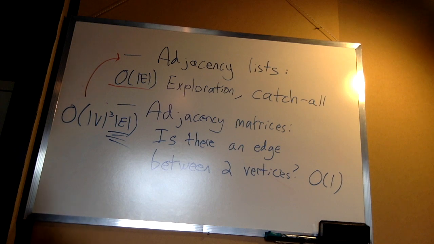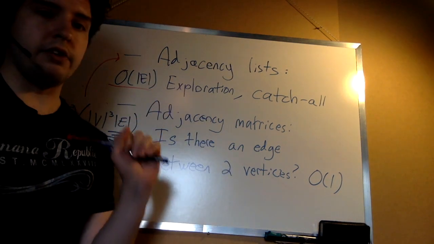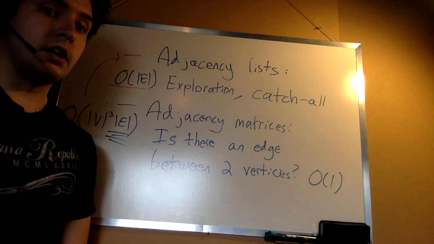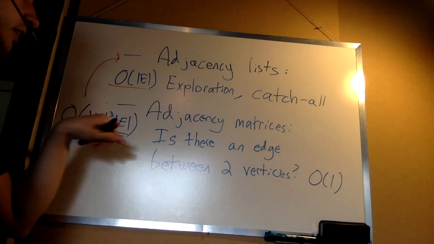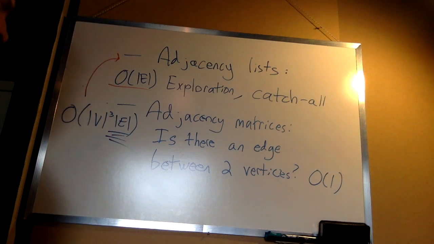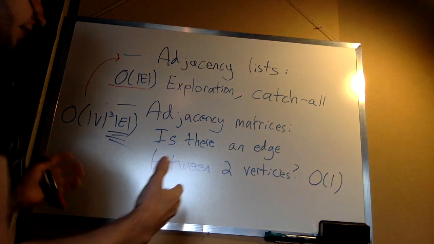Okay, so what this tells us is if we switch our representation to an adjacency matrix, then we should be able to knock down our O(V^3 E) to just O(V). Okay, so let's see what happens when we do that.